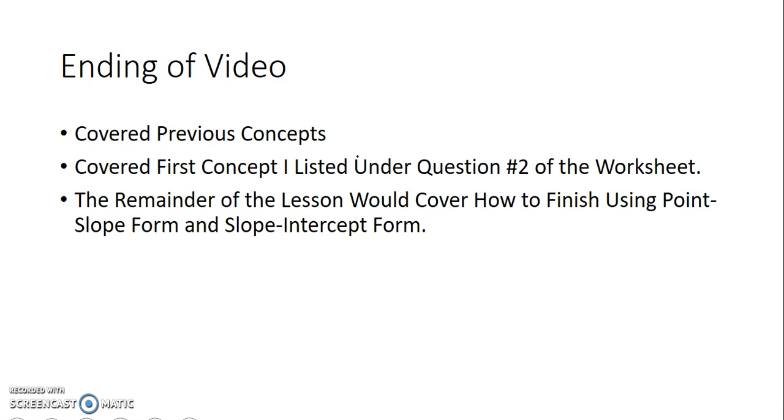I feel like that was the first key point that I was supposed to go to. The remainder of this lesson, if it kept going, would be finishing showing them how to plug in the points into the point-slope form to get slope-intercept form, or using slope-intercept form as the main way to find it, since you can actually use both as 2 different methods to find the equation of a line with 2 given points.